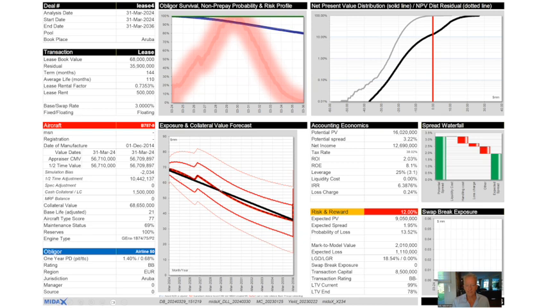This one does not have maintenance reserves, but it has return conditions here, as you can see at the end. The risk-reward ratio is 12%, pretty high, which is kind of typical of wide-body leases because there's more volatility in the values of wide bodies, as we saw in the previous video.